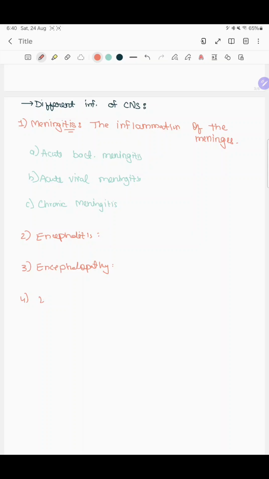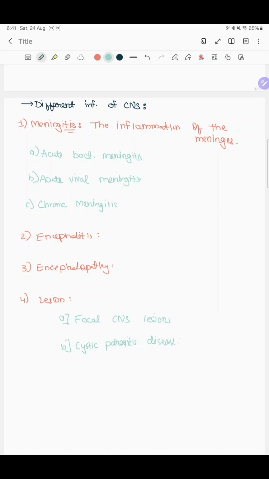Fourth will be your lesions, which include the CNS. They can be either focal CNS lesions or cystic parasitic diseases.